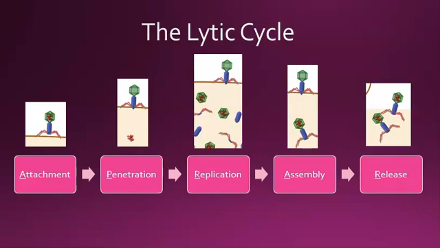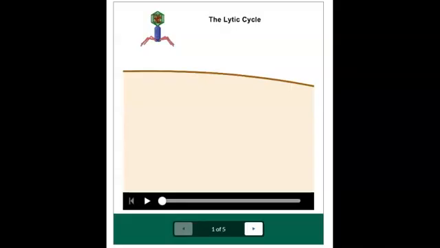So we're going to take a look at lesson 304, page 3. There is an animation there of the lytic cycle. So once again, this is lesson 304. I'm on page 3, and this animation will take us through a virus or a bacteriophage going through the lytic cycle to reproduce.